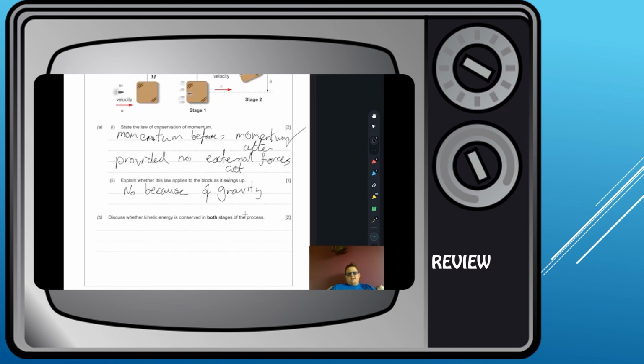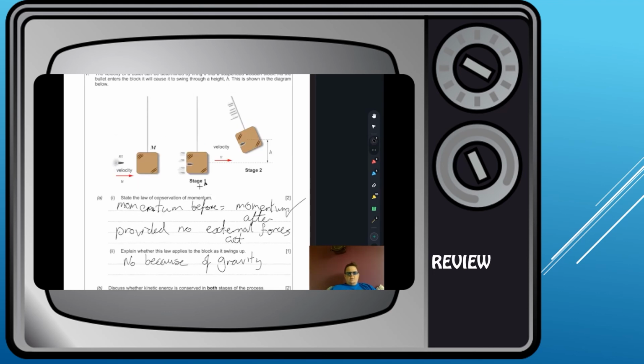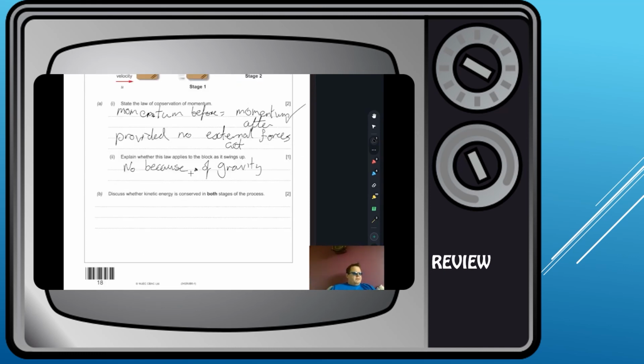Discuss whether kinetic energy is conserved in both stages of the process. Well, if we think about it burrowing in here, we're going to do some work deforming the block. So if we think about stage 1, no, as the block deforms.